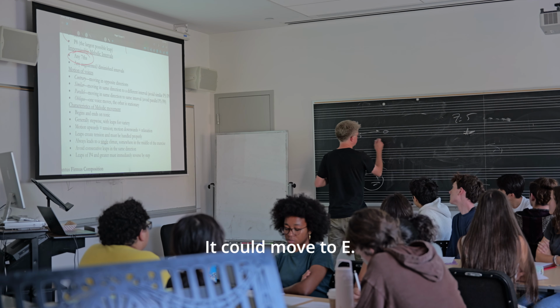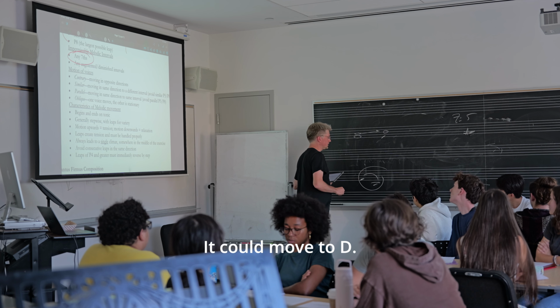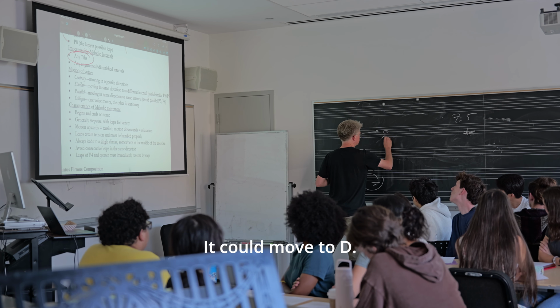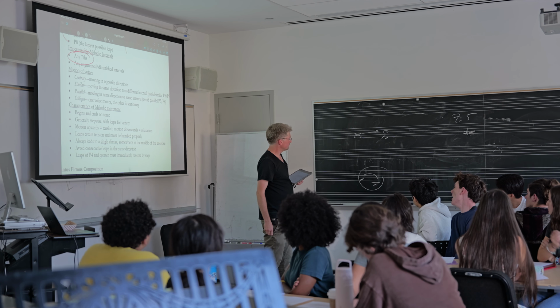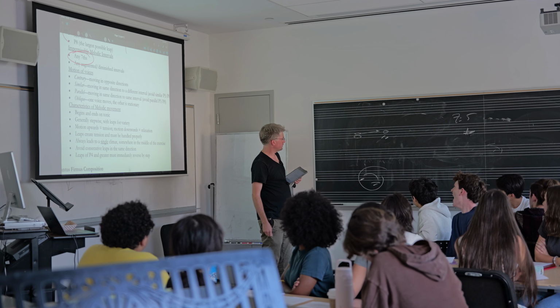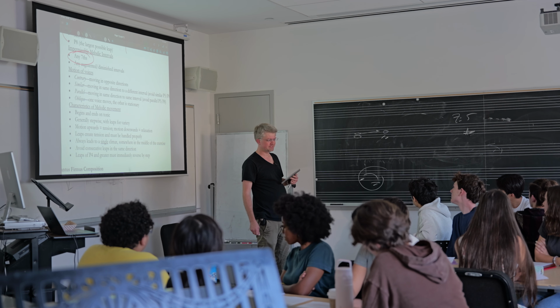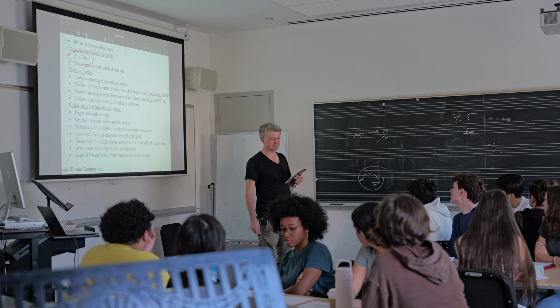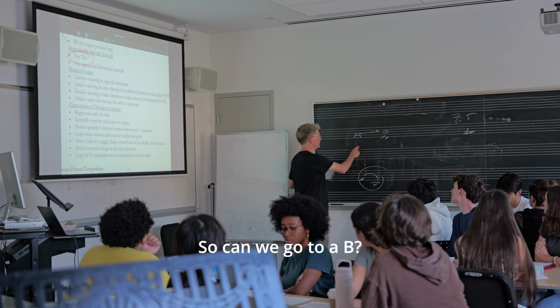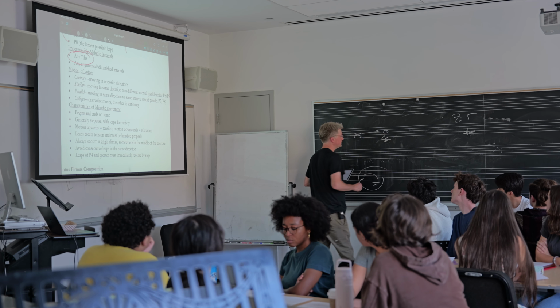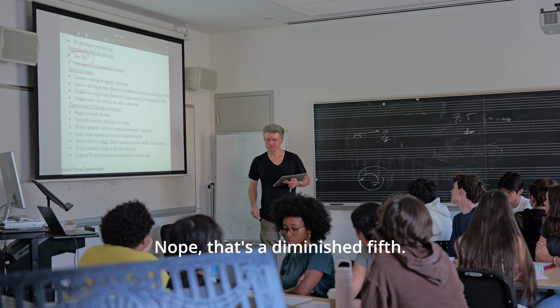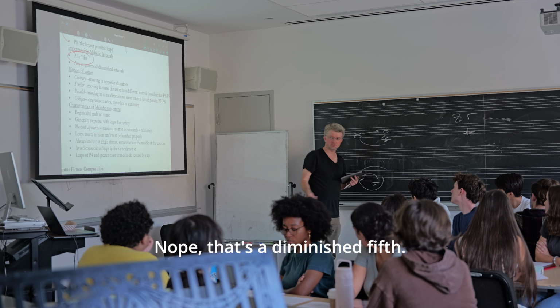It could move to E, it could move to D. Can it move anywhere else? I'm already testing you on the rules. Thinking about intervals. So, can we go to a B? Nope, that's a diminished fifth.